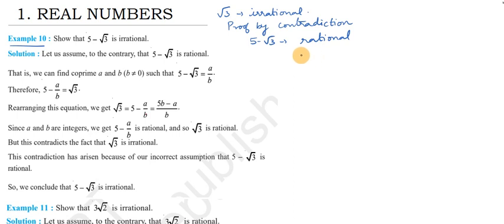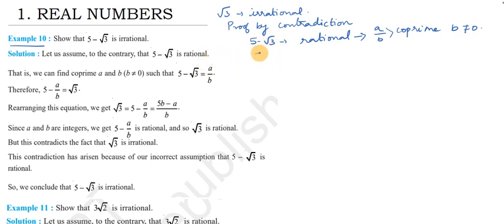So if 5 minus root 3 is rational, then, as we know, any rational number can be written as a fraction a by b of integers, where a and b are co-prime and b is not equal to 0. All these we discussed in the previous videos.